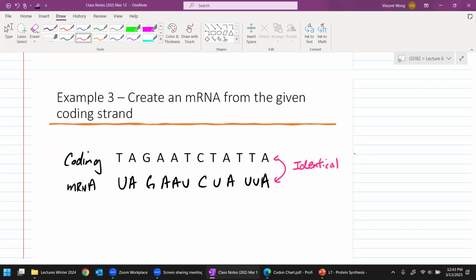There's no other possible letters. But what about template? If it's A, T, C, G on coding, what would it be on the template? T, A, G, C, right? Because they're complementary.